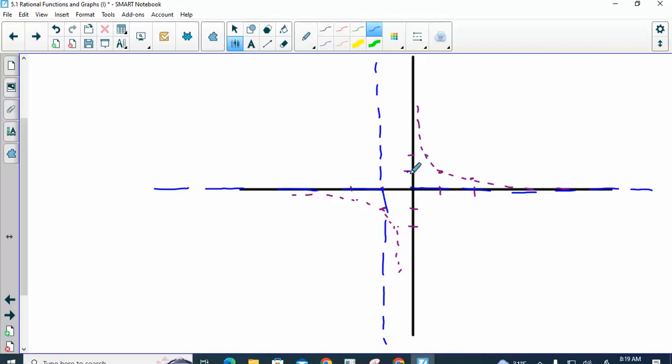So then if I just take each of my points to the left, okay, my actual graph is that.